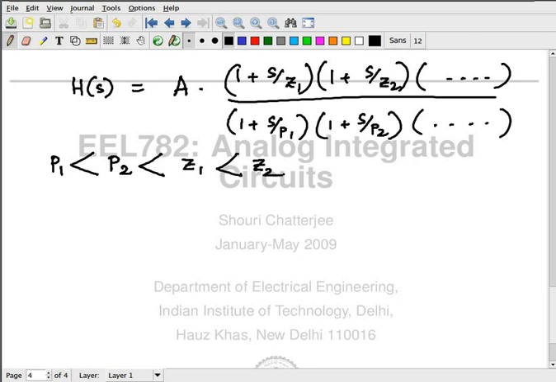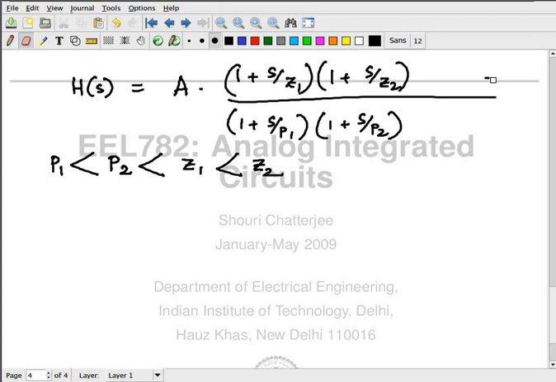I want to give two cases of an example, and let's say the other terms are not there. We have only these four terms. Depending on your needs, you can add or subtract terms, or you can change the order of it.